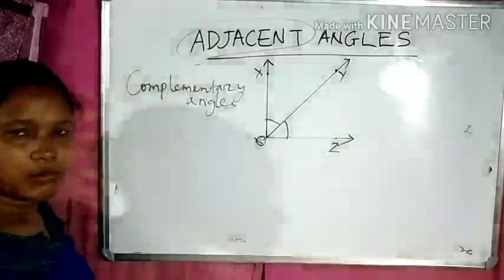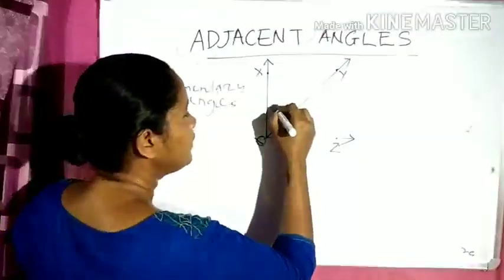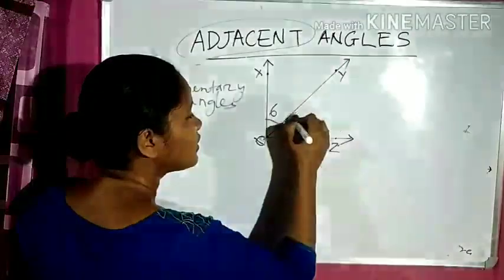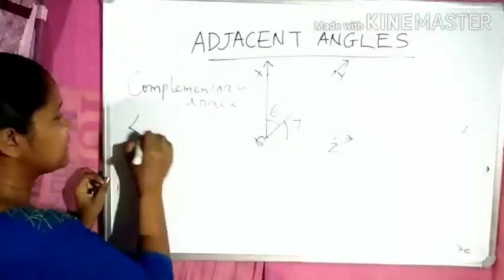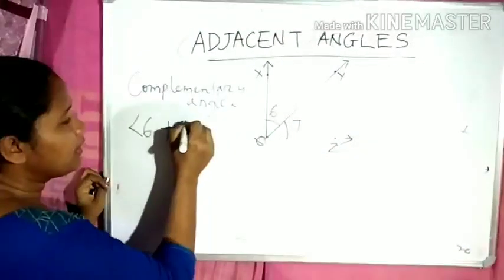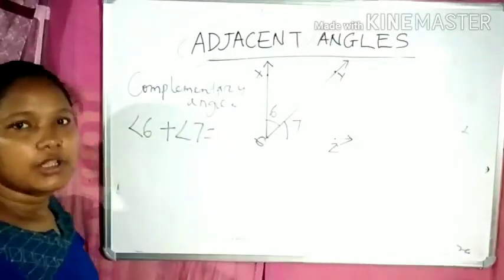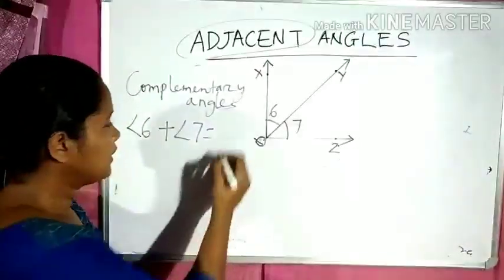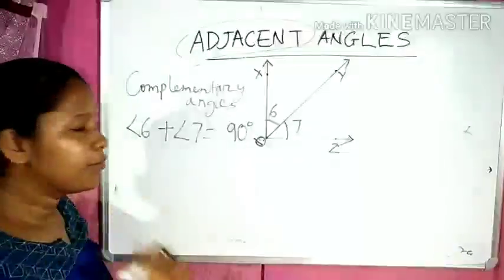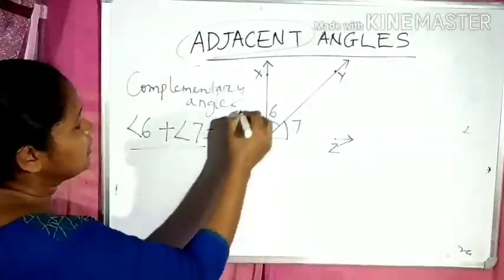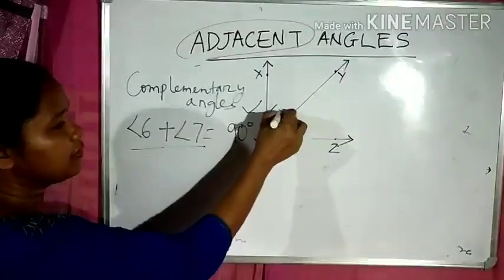These 2 are complementary angles. Let them be angle 6 and angle 7. So angle 6 plus angle 7 equals how much? The sum of 2 complementary angles is 90 degrees. We studied that in the previous class. So these 2 are complementary angles.